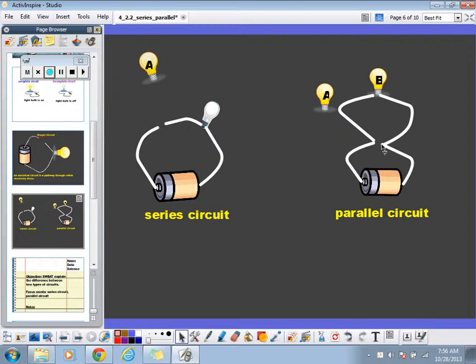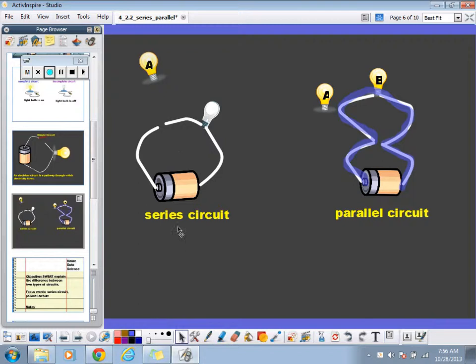So the electricity can't go this way anymore, but it still can go the other way around because there's another pathway. Look, I can still do this. On this one, it can't. There's no electric current because of this, because it's incomplete.